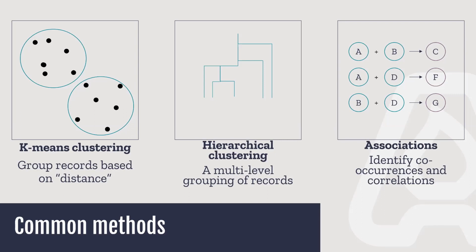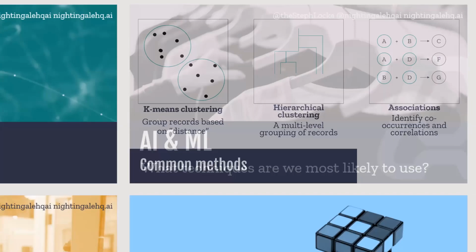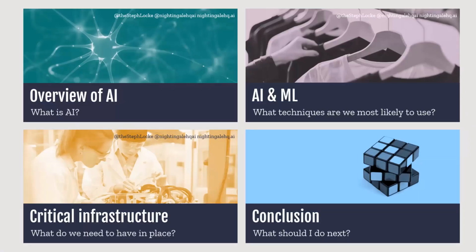Okay, so that was hopefully not something that made your brain bleed, but a high-level introduction to some of the techniques that data scientists and machine learning specialists will use to solve specific business problems for you.